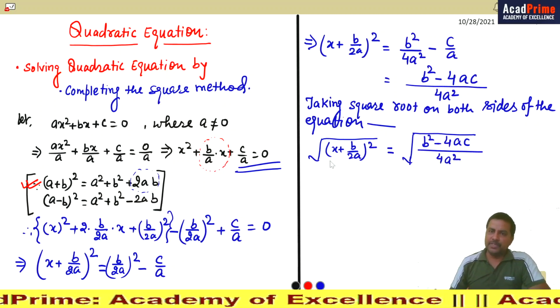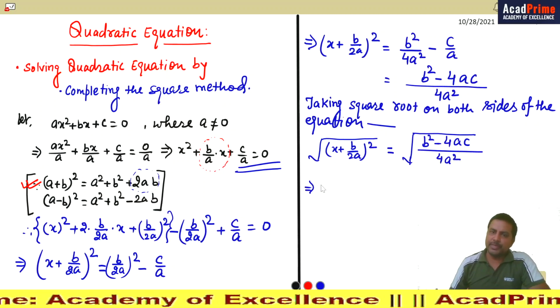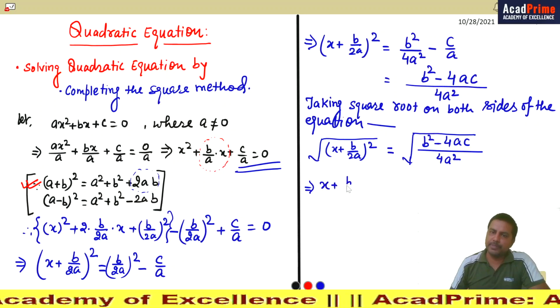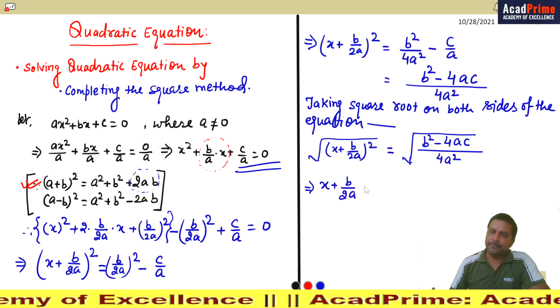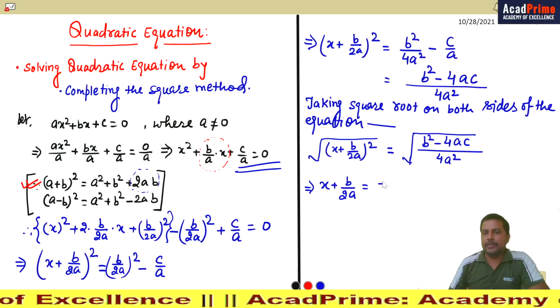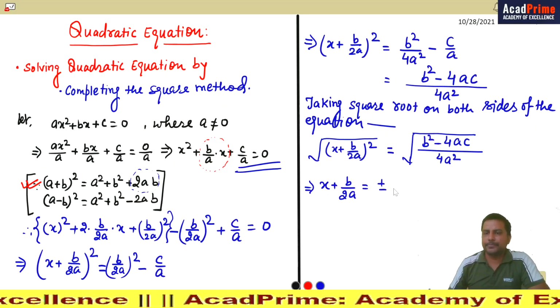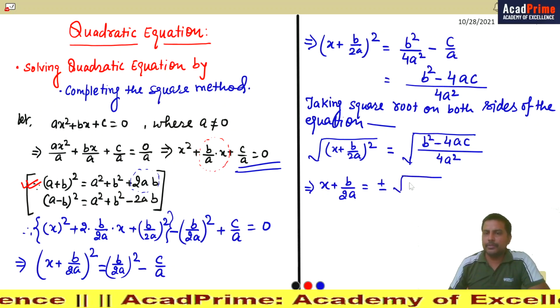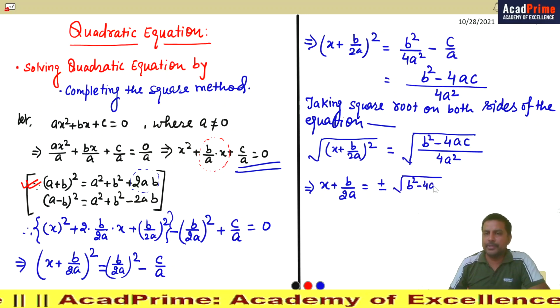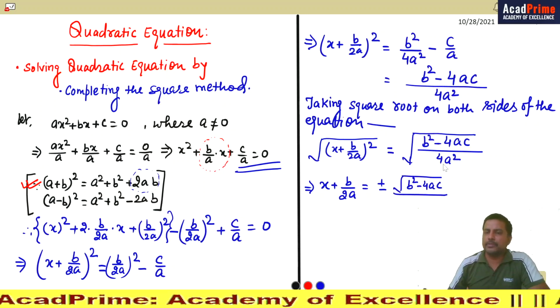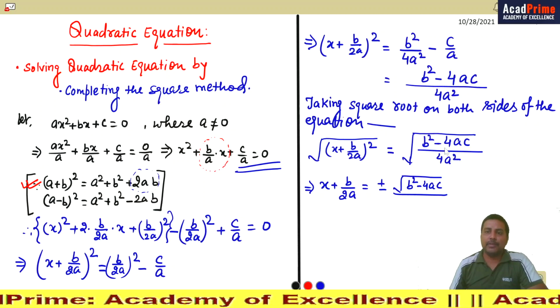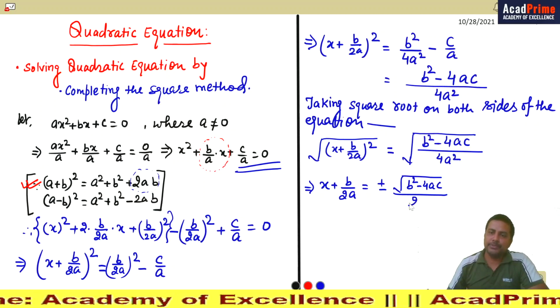Okay, so this term coming out of the square root becomes x plus b upon 2a is equals to plus minus root under b square minus 4ac, and if you see, the 4a square coming out of this square root will become 2a.